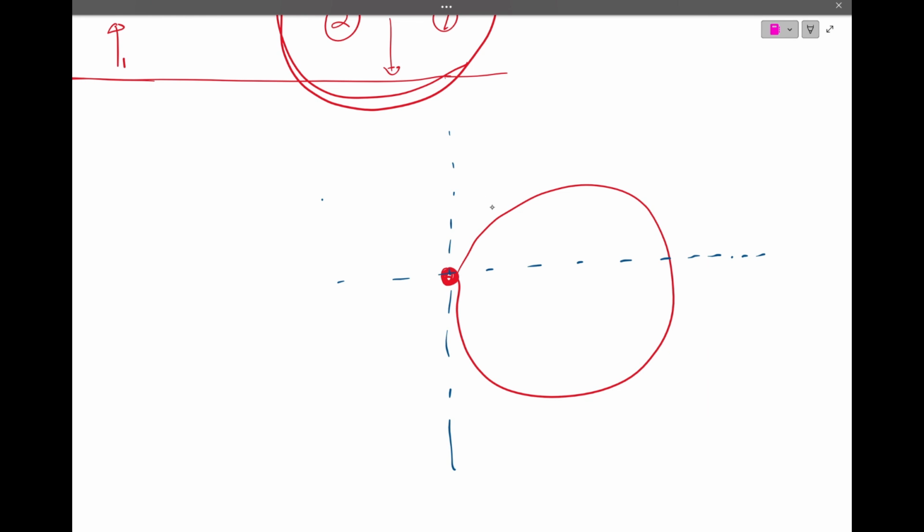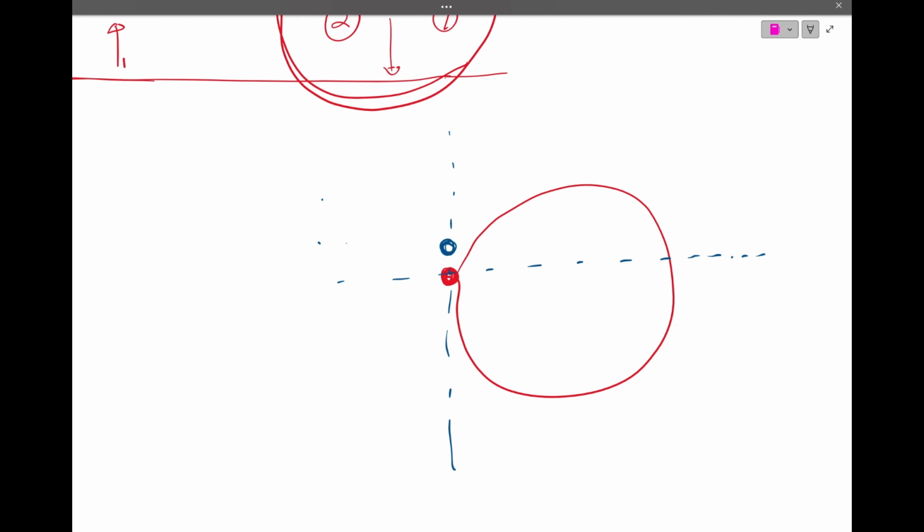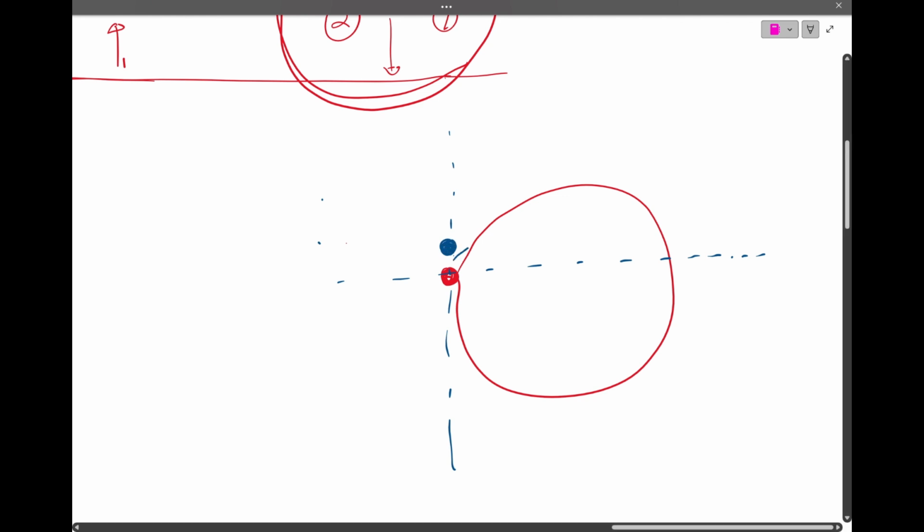What happens if I add one more antenna element here? The beam will be narrower compared to the previous one with the single antenna element.